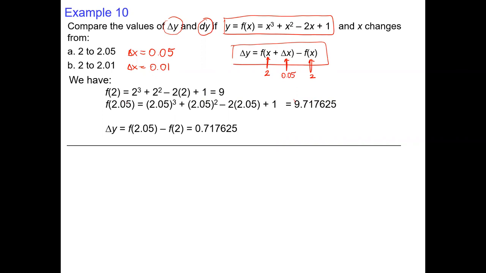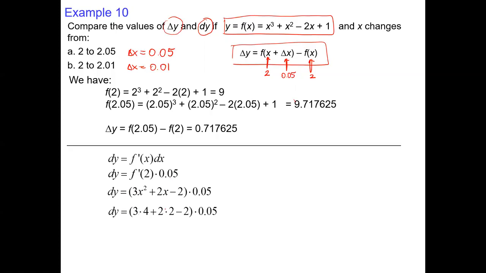Now let's look at how we can compute dy. dy is just the derivative at the point 2, in this case, times how many units we're going away, 0.05, and later we will do 0.01. And that's the derivative. Instead of x, I substitute 2.